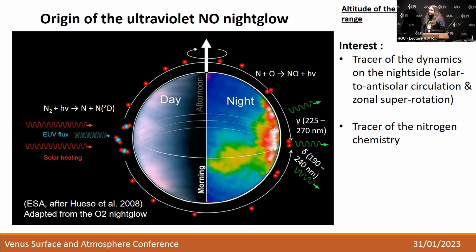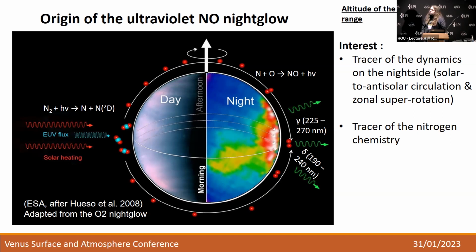In the night side, they go down in the atmosphere where the density is increasing, and so they can combine with each other and produce photons. The photons are in UV wavelengths, so they can be seen by instruments. The altitude of this nightglow is about 115 kilometers.